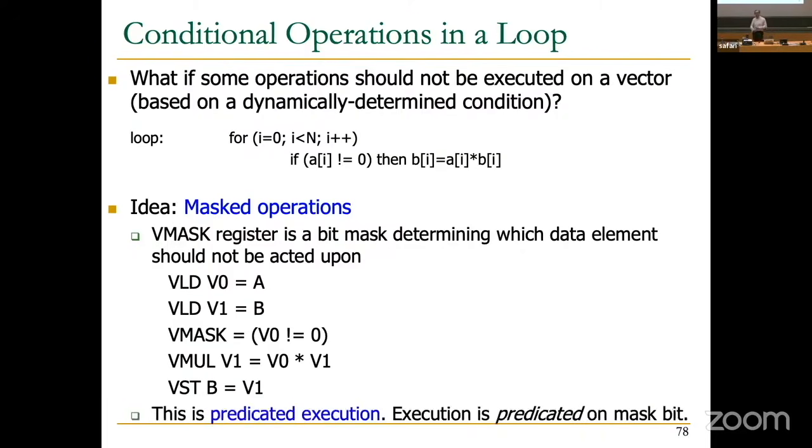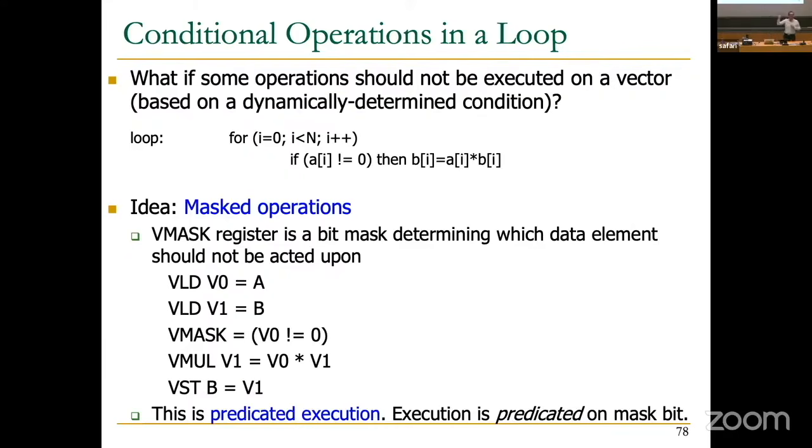We did not cover predicate execution much when we talked about branch prediction, but essentially this is converting a branch instruction into data flow, right? That vector mask is providing conditions, and those conditions decide whether an operation takes effect on an element. There's no branch. It's all data flow, right?